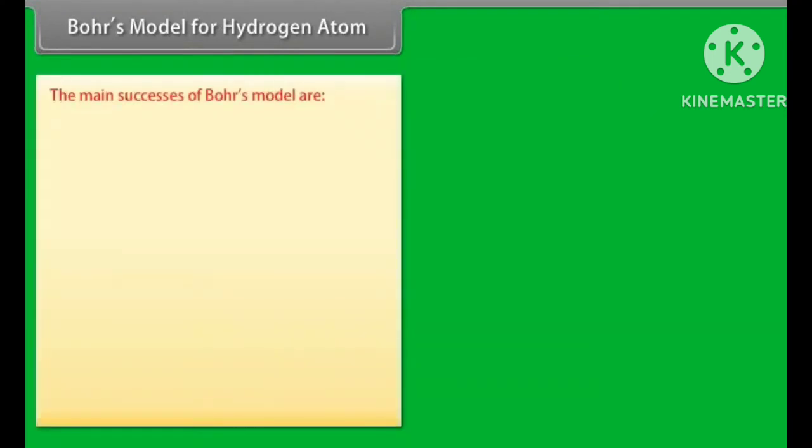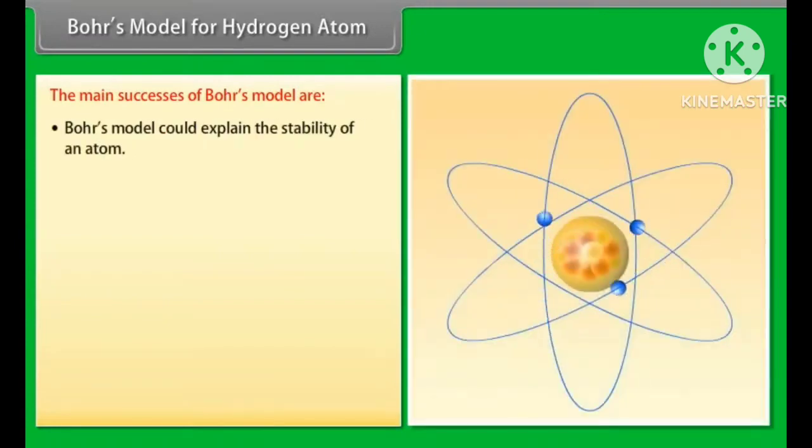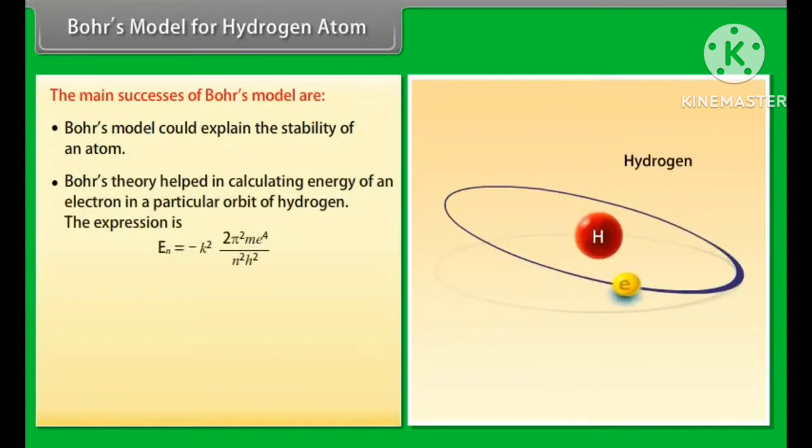The main successes of Bohr's model are: number 1, Bohr's model could explain the stability of an atom. Number 2, Bohr's theory helped in calculating energy of an electron in a particular orbit of hydrogen.